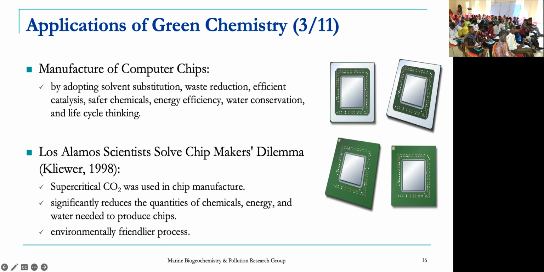This was a new method for processing semiconductor wafers, and of course, it is still in use today, leading to the production of a non-flammable, non-toxic, environmentally friendly solvent, which reduces water use greatly and cuts the volume of hazardous waste produced as a result of computer chip production.